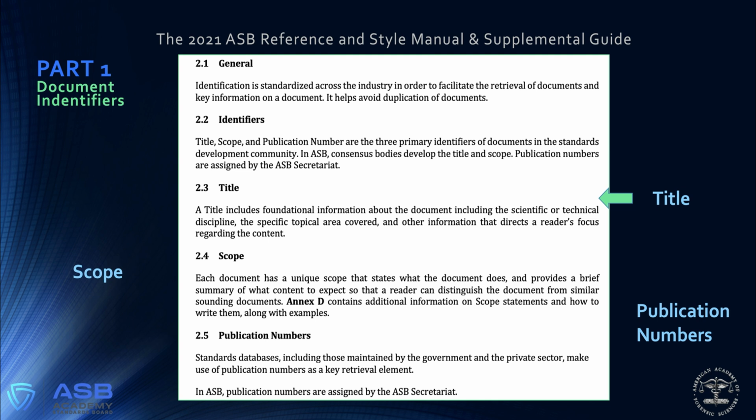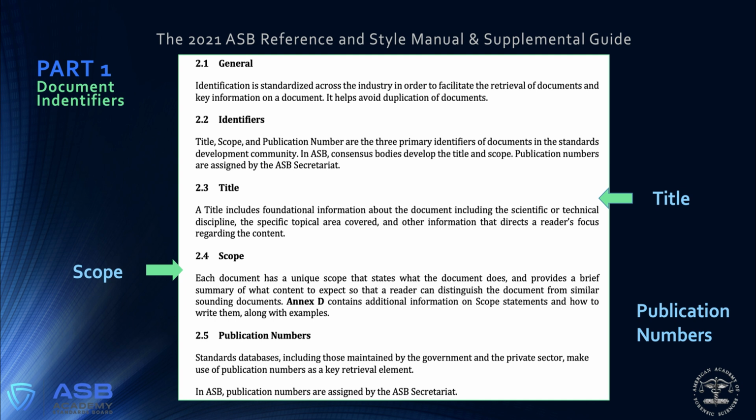For example, if a document would be titled, and here I'm making this up, Standard Methods for Determining Chromium +3 Levels in a Matrix of Cow's Milk, and the user finds out that the document only addresses lead levels in goat milk, that user is not only surprised, but possibly seriously disappointed in ASB, and we all want to avoid that. Writing a good scope is not always easy, as many of you know, and ASB staff, including myself, will not hesitate to send a scope statement back for tweaking.